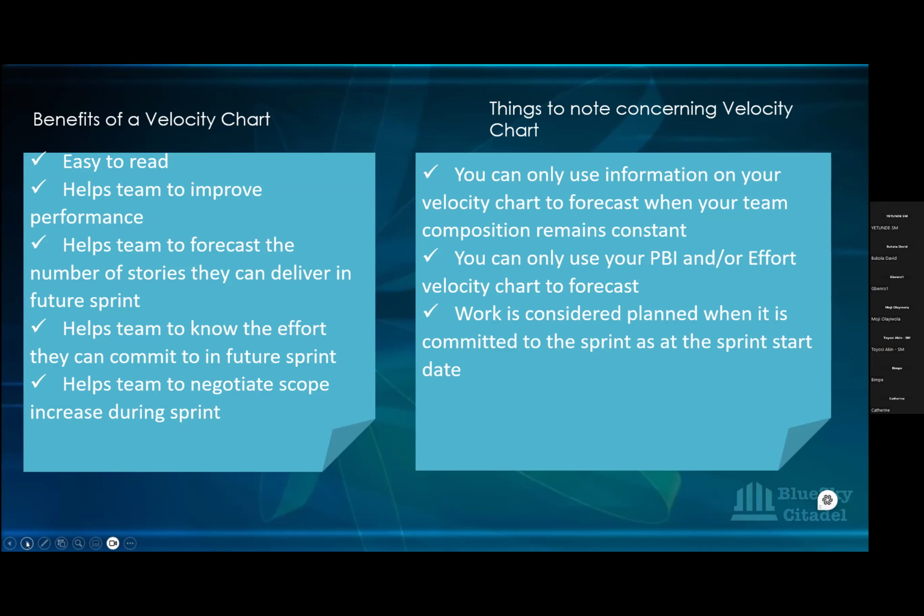So tasks are things that you can do within a day or two. The user stories themselves are the things that you're expected to finish at the end of the sprint. So you want to configure your velocity chart for either your product backlog or your efforts, which is your estimation, your story points. So it's better to forecast with those for the purpose of the velocity chart.